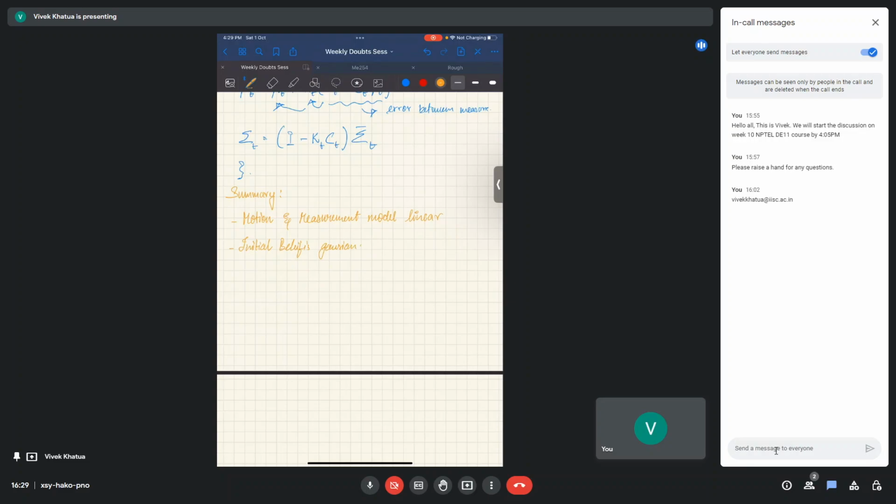So these are the summary of Kalman filters, given that all our beliefs are Gaussian, that we have already told. So let me not iterate that here again.